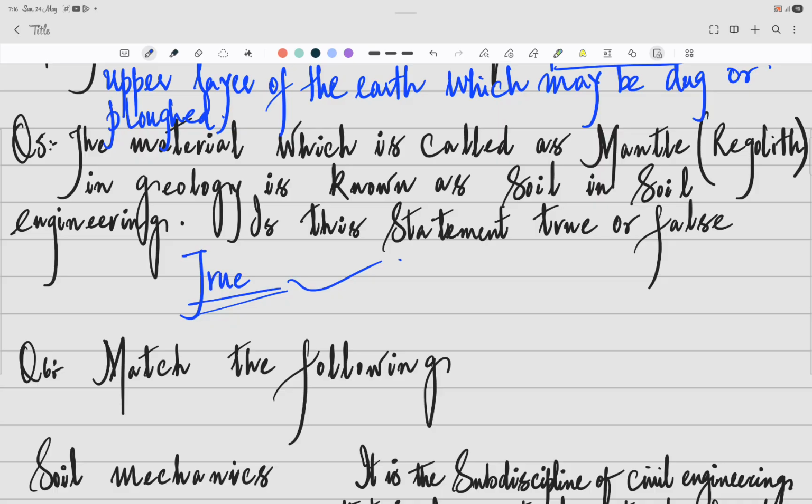The material which is called mantle or regolith is the nomenclature in geology. In soil engineering the same material is called soil. So this statement is absolutely true.